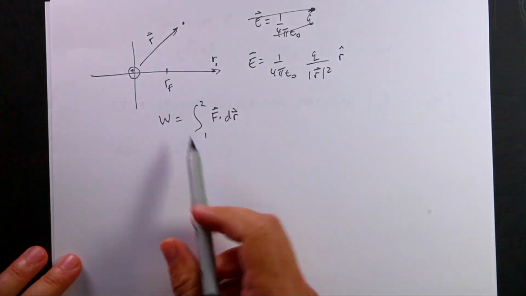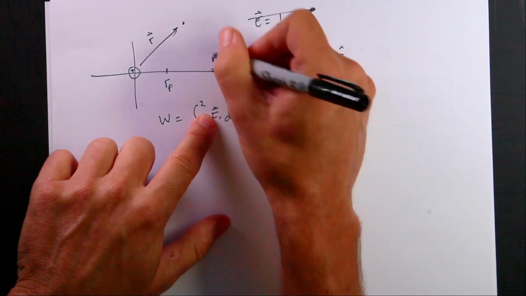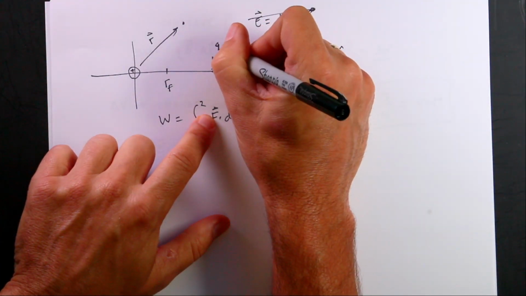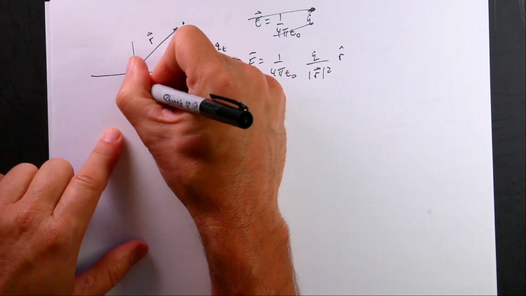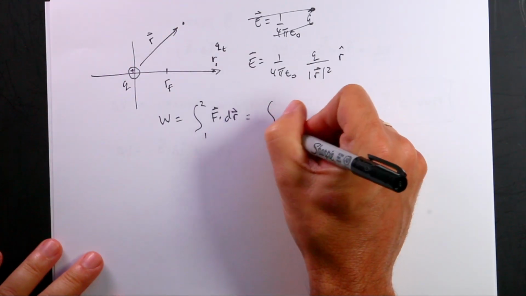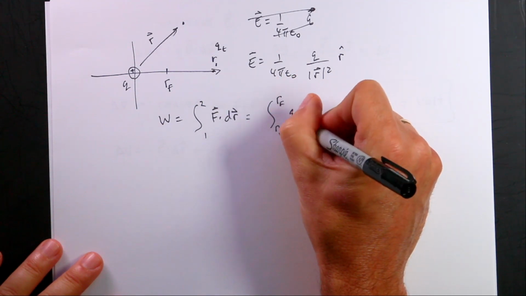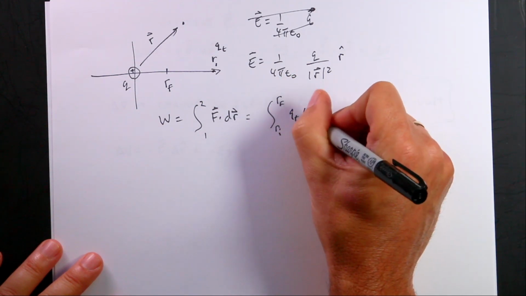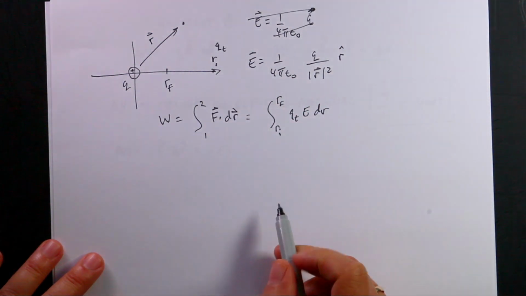So if I want to say this for the electric field, this is the force on some charge, I'll call it Q test for the test charge. The work is going to be equal to the integral from R initial to R final of Q test times E dr. And that's the work done.